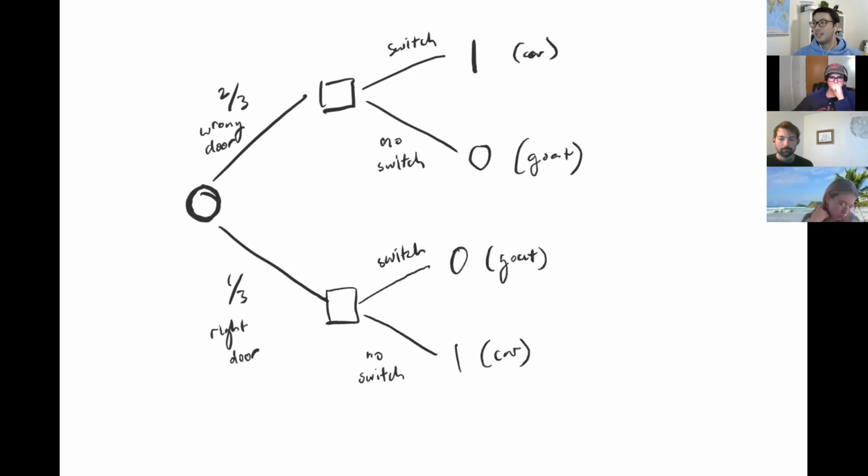It's kind of working the probabilities backwards, but the tree ends up being a little bit more complex. But basically, because the decisions are going to be the same regardless of the door, these are like correlated decisions.